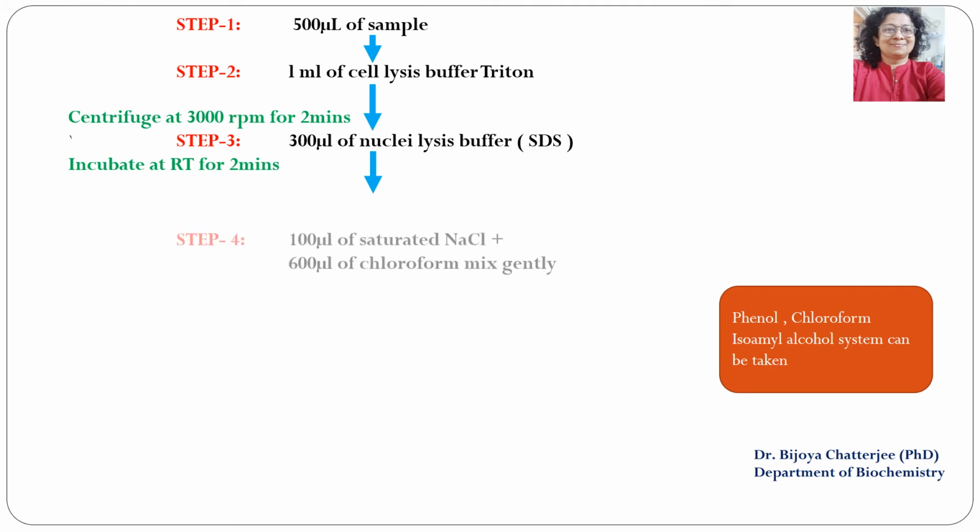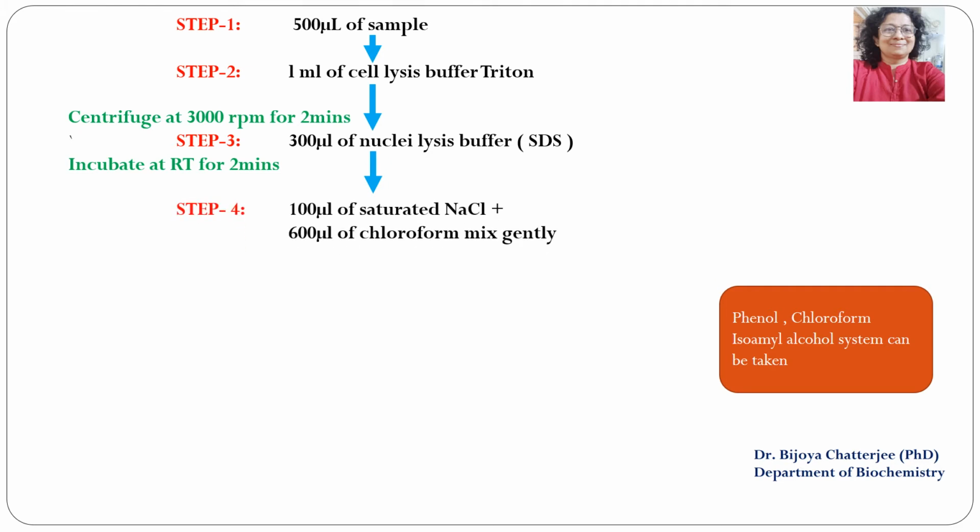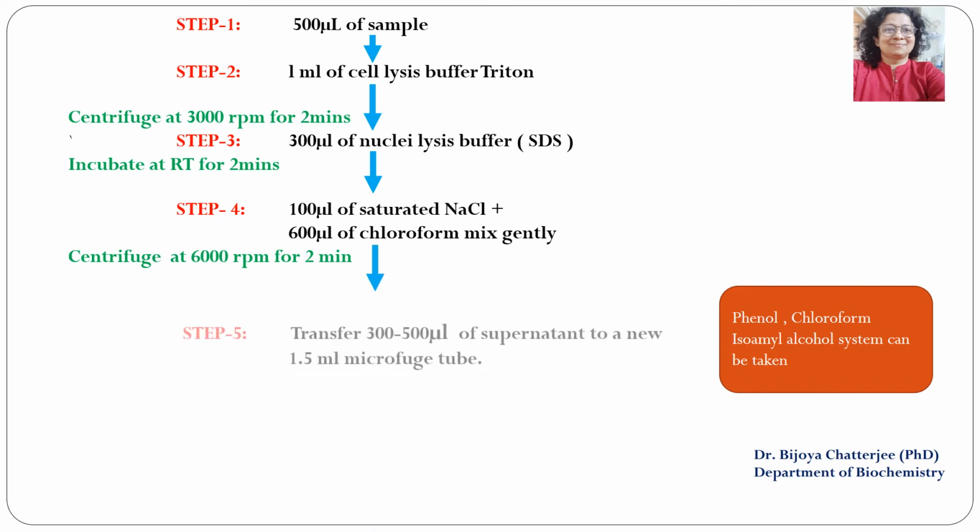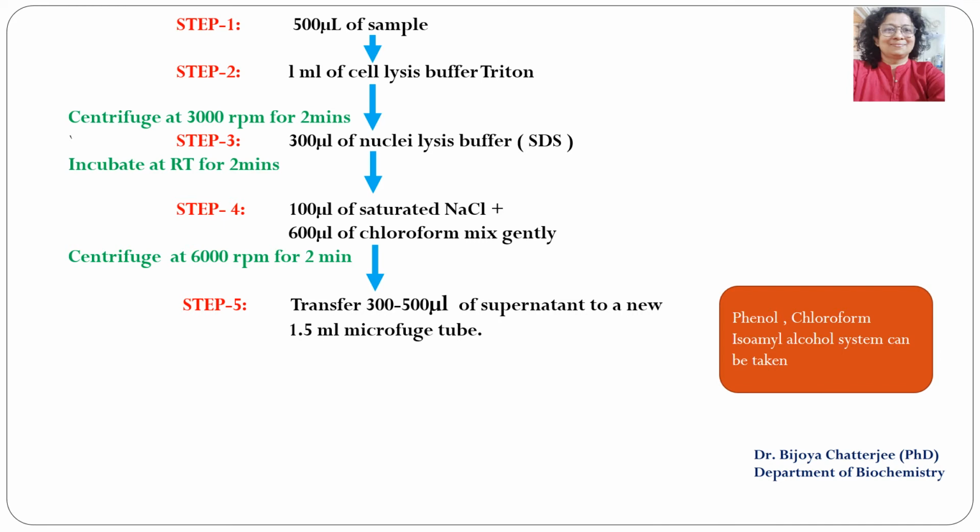In step 4, we take 100 microliter of saturated sodium chloride and mix 600 microliter of chloroform gently. Then centrifuge it at 6000 rpm for 2 minutes. Whatever supernatant we get from the centrifugation is transferred to a 1.5 ml microfuge tube with the help of an autopipette.